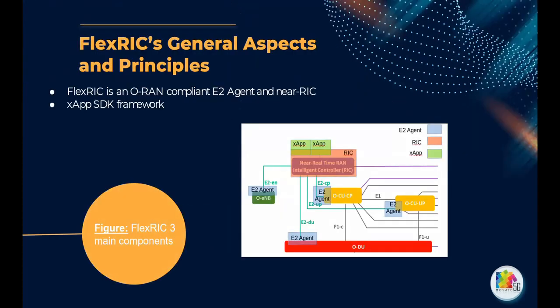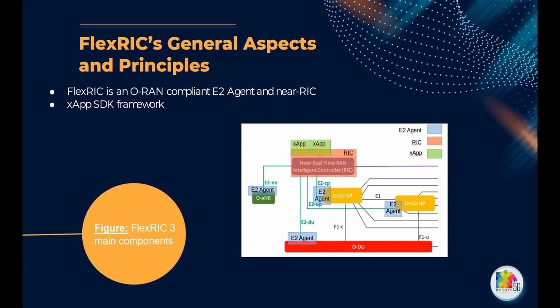So if we go back to the architecture of O-RAN, essentially we have an E2 agent here in the DU, the FlexRIC E2 agent. We have another agent in the CU-UP, another agent in the CU-CP. Here in the RIC, we have the FlexRIC controller. We also have the agent for the 4G.